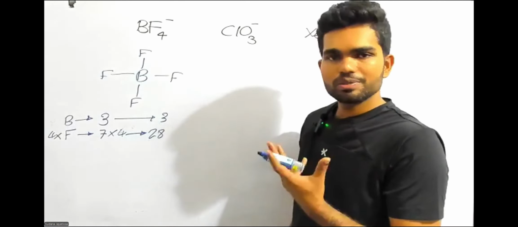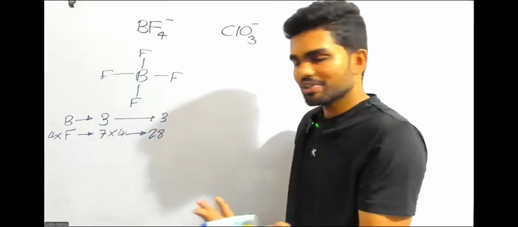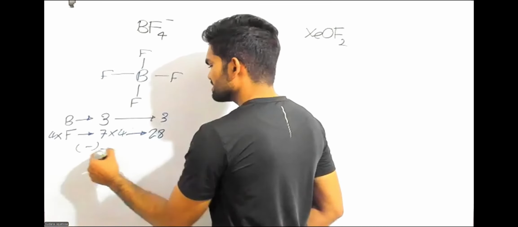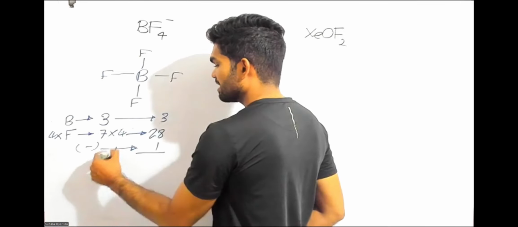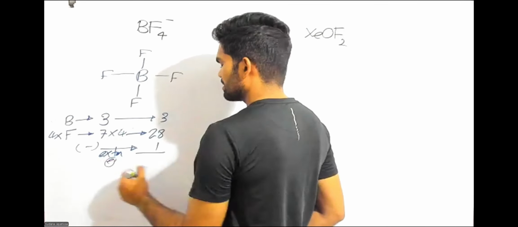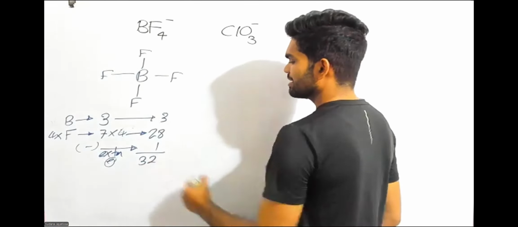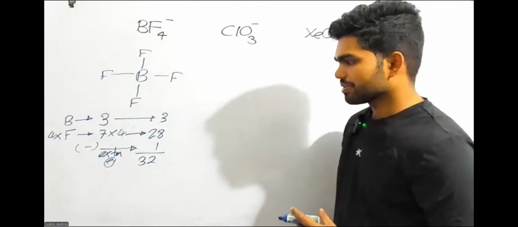Why did the ion become negative in the first place? Because it has an extra electron. So when we count the valence electrons, we have to add that extra electron. If you get the sum, you will see you have 32 total electrons. Fantastic, 32 total electrons, right?